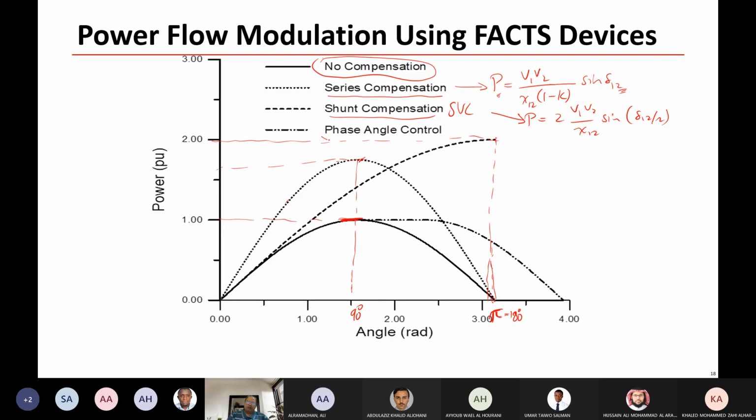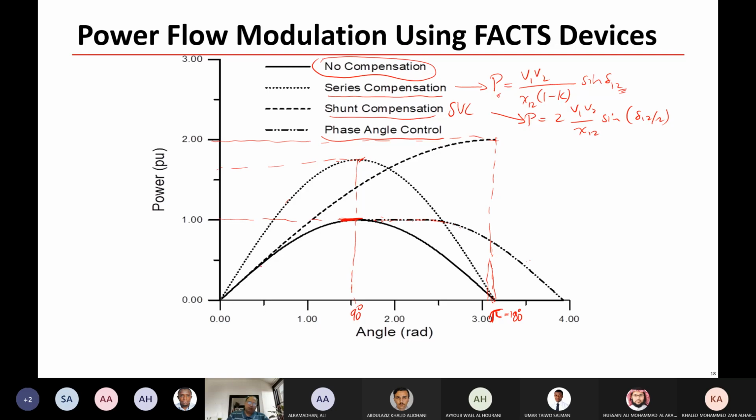For phase shifter, you are extending the maximum. You can control the angle phi, and you can reshape the power curve as such. So you can shift the maximum if you control phi, so you can keep the maximum value equal to 1 per unit for plus minus 15 degrees you can play with.